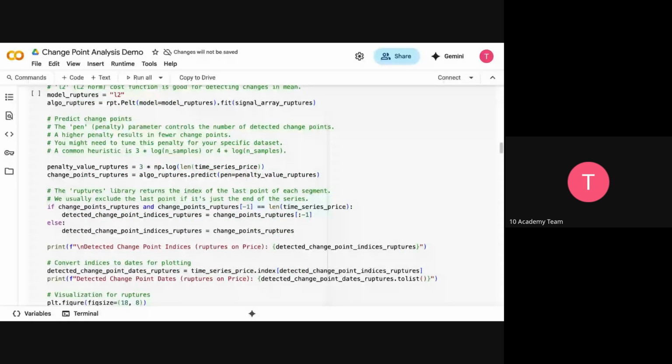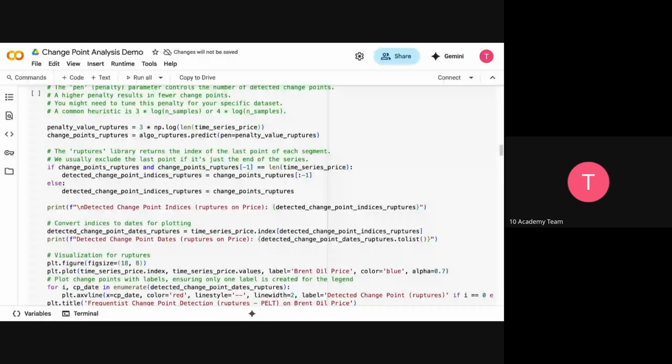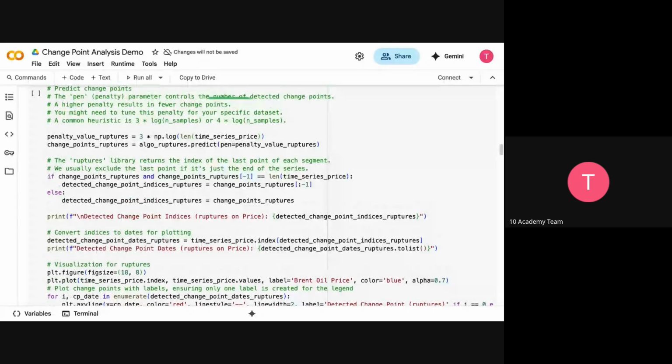And for the penalty, it's just a parameter that controls the number of detected change points. Normally it's good to use 3 times the logarithm of the length of the dataset. But here you can use whatever you want. So this is where you're going to have to make some changes. Most of the code you can reuse, but for the penalty you have to change it.